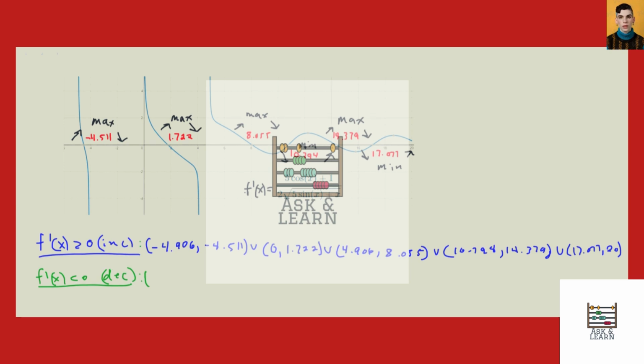All right, so it starts to be negative after negative 4.511, and it will stay that way until negative 4.105, and then unioned with, and then from 1.722 up until about 4.105 union, and then after this 8.055 to 10.794, and then our last interval where the function is decreasing is about 14.379 to 17.077. Right, so we found our maxes, mins, as well as where the function is increasing and decreasing.